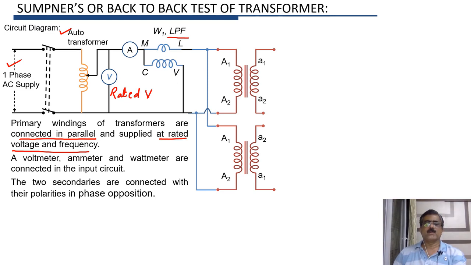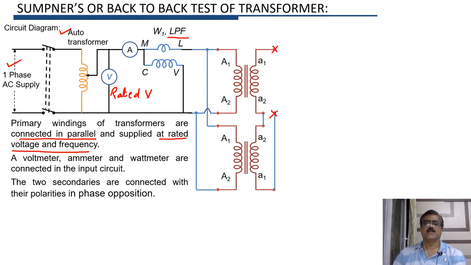Now, as we have to connect two secondaries in phase opposition, a2 is connected to a2, and finally we have to connect a1 to a1. But before that, let us see what is the voltage across the terminal a1 of transformer 1 and terminal a1 of transformer 2. Means what is the voltage between these two terminals?